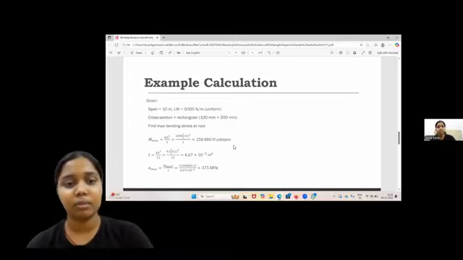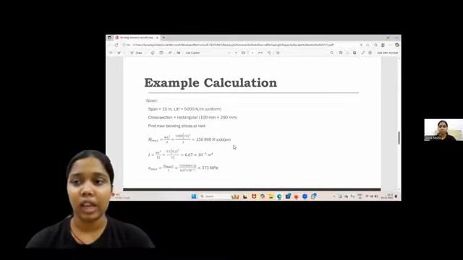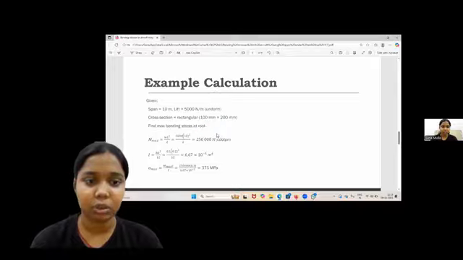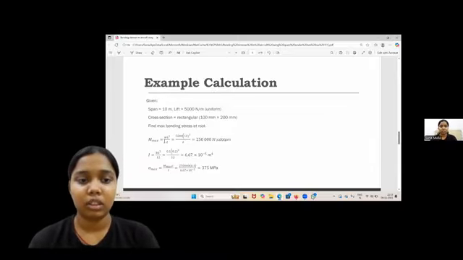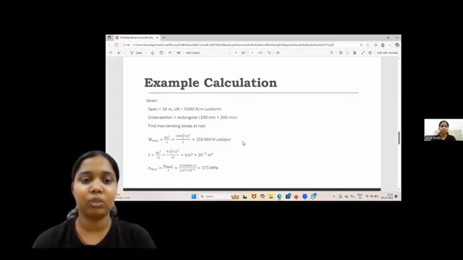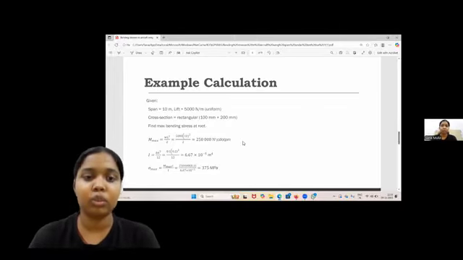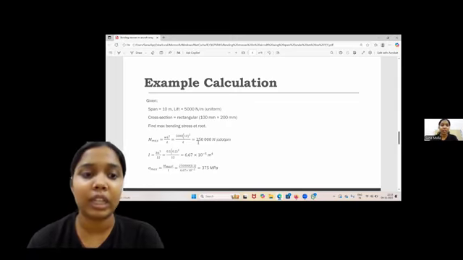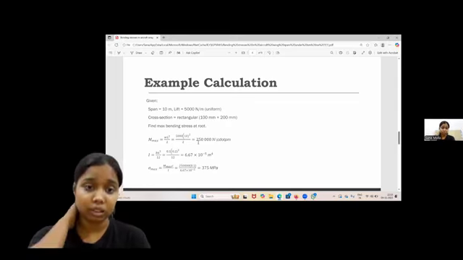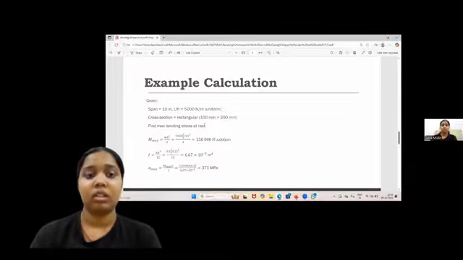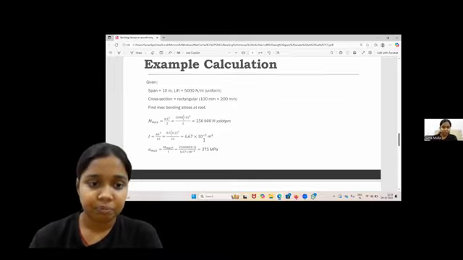We will first find the maximum bending stress, which occurs at the root, as I already mentioned. The maximum bending moment is given by WL squared by 2, where W is 5000 and L is 10. After calculating, we get the maximum bending stress at root equal to 2,50,000 Newton per mm square.